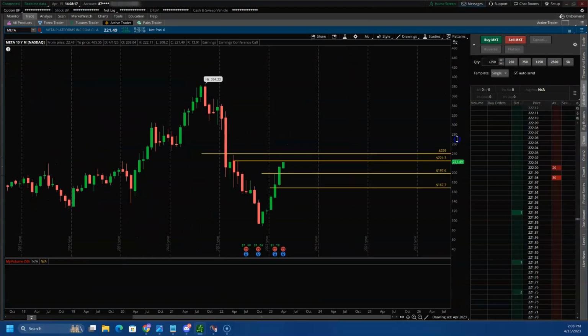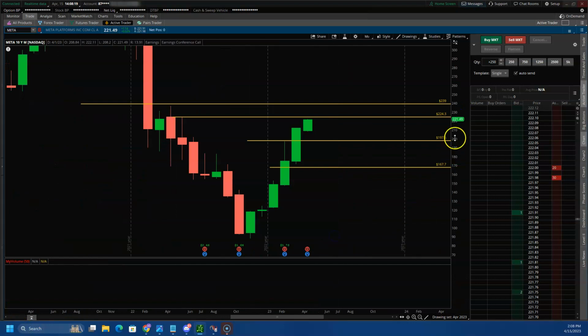Okay, here's a chart of Meta in monthly, kind of a V-shaped recovery. So we're getting close to the structure resistance around 239 to 240. Of course we have earnings, which throws a twist to everything, but if you want to take a chance, if it moves towards 239 to 240, that can be a short play, right?